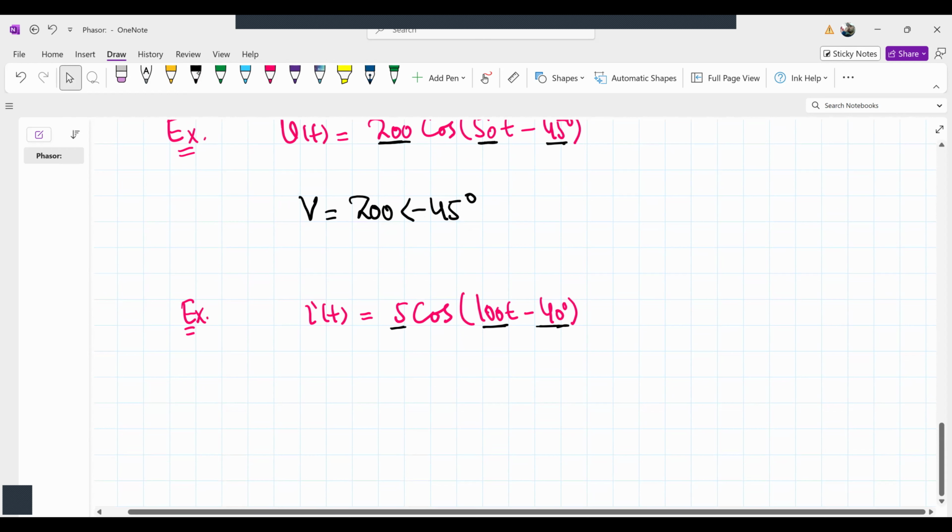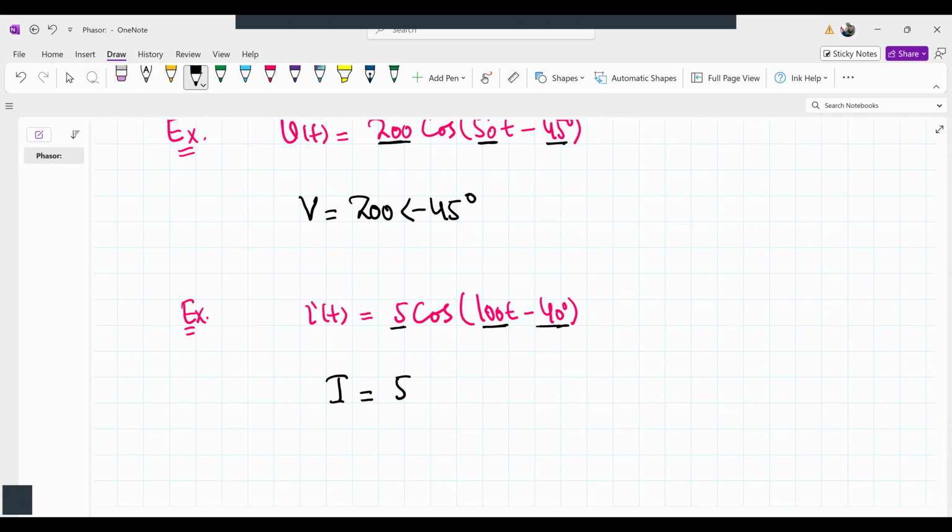So the phasor representation of this will be simply 5, that's the amplitude, at an angle of minus 40 degrees. This is the phasor representation of this cosine wave.